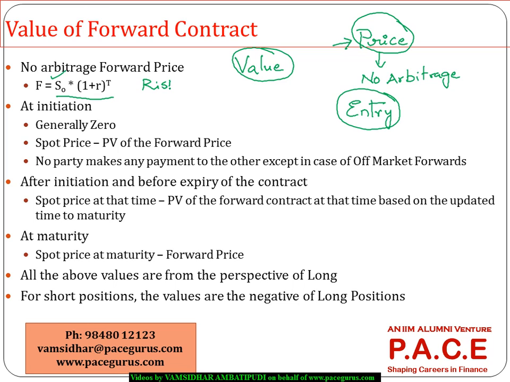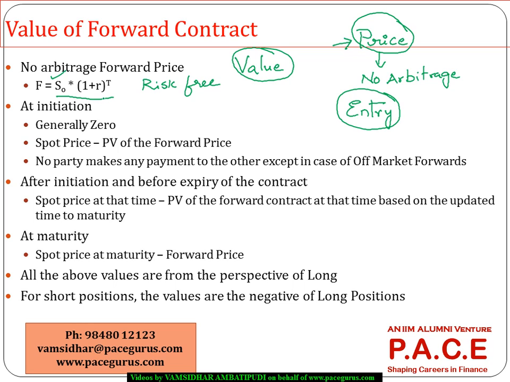So in any case of no arbitrage forward pricing, we take the spot price into 1 plus the risk-free rate of return to the power of whatever is the time to maturity.